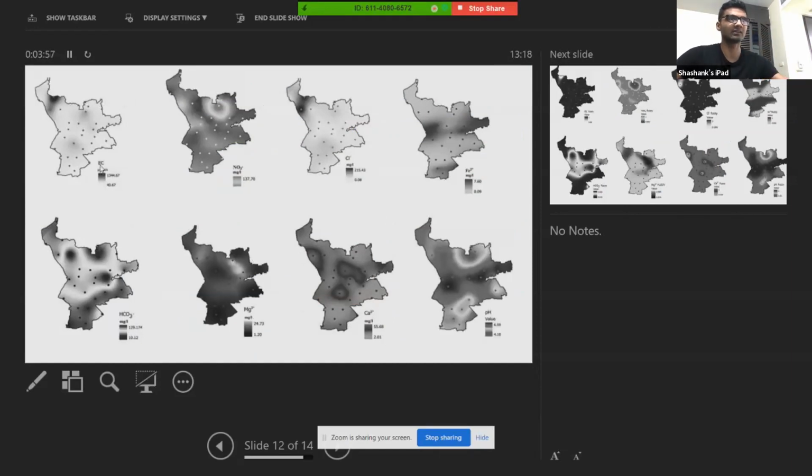If I just explain one map, the first map, the EC map, if we look at the legend, the black color denotes a very high value, and the map shows that one sample location has a very high electrical conductivity, and this location is not suitable for drinking.